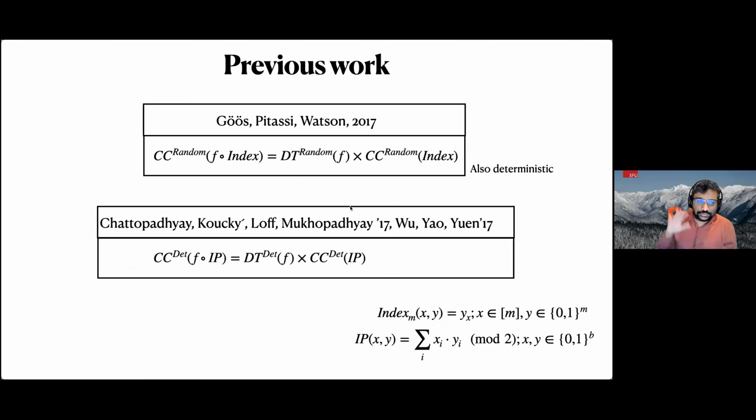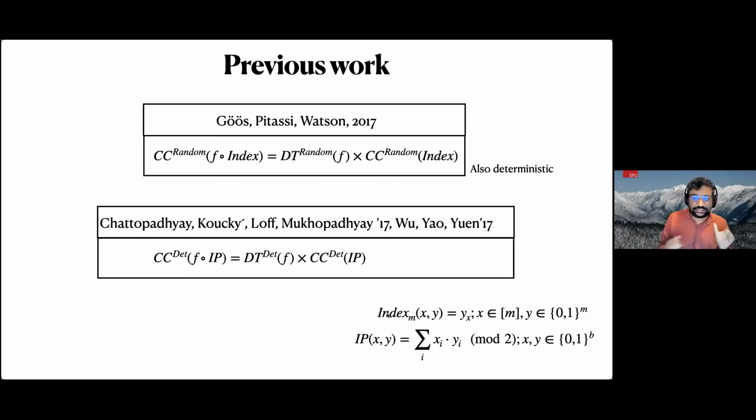Before telling you about our results, let me give some previous results, just to put things in context. Goos, Pitassi, and Watson in 2017 proved a lifting theorem in the randomized setting. This is BPP, the two-sided error randomized setting. And they used a gadget known as the index gadget.